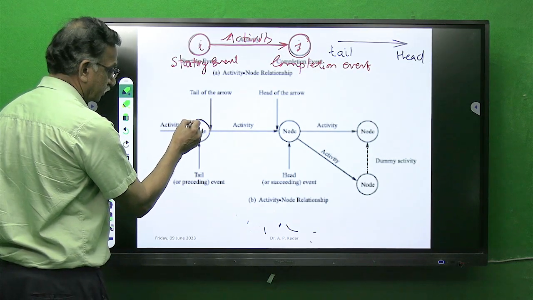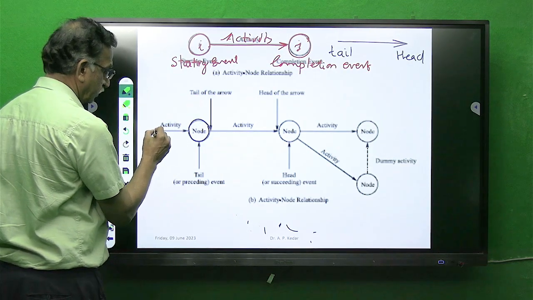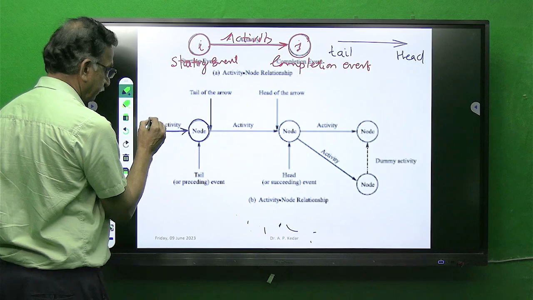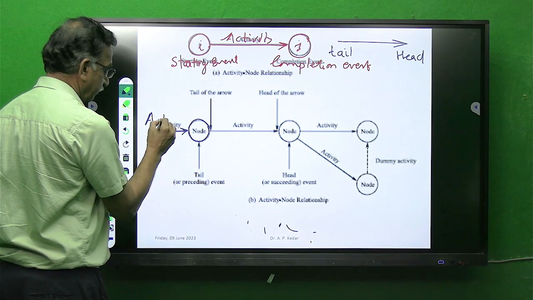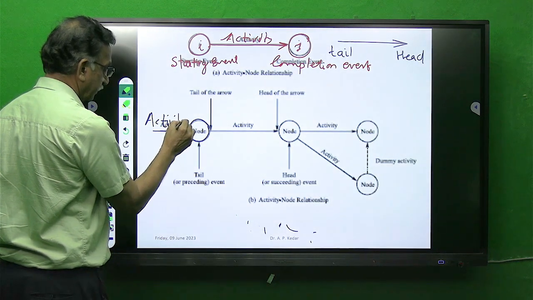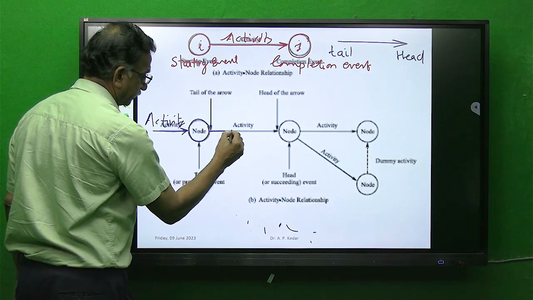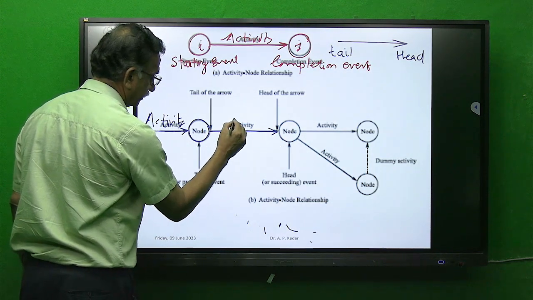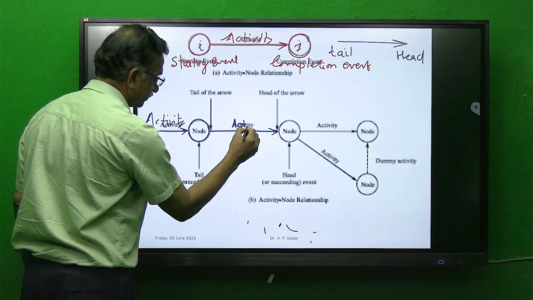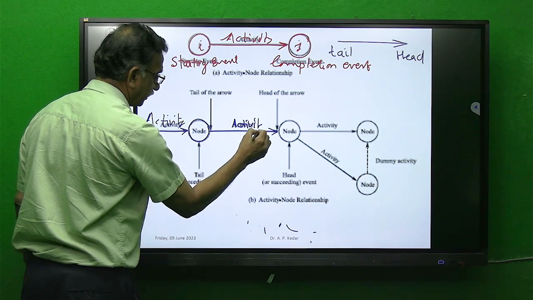This particular one is a node, this is an activity, this is an activity, further activity, other activity. This write-up is not visible, therefore I am writing on it again.